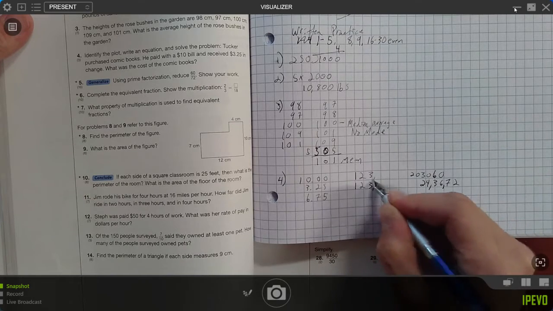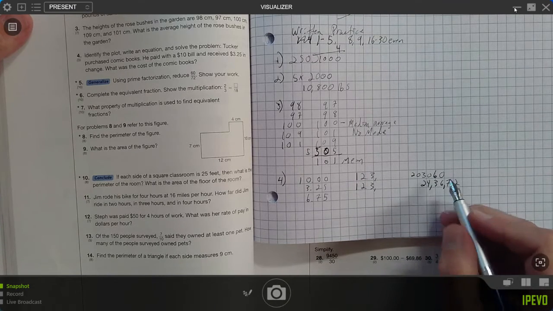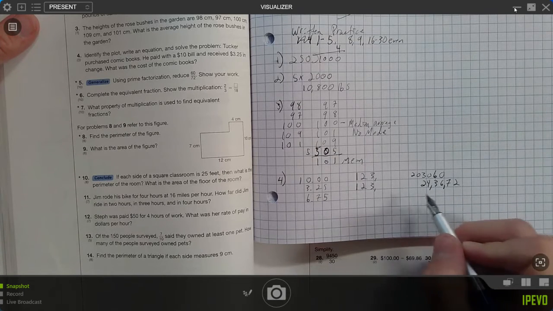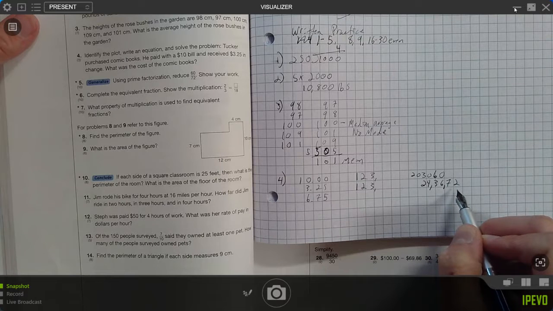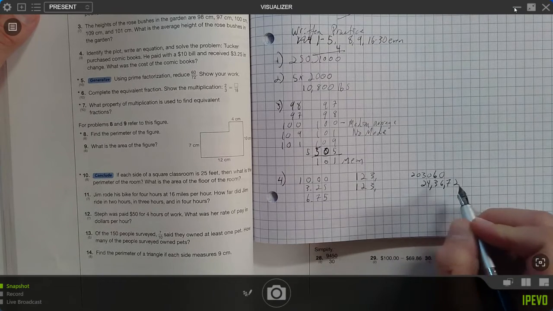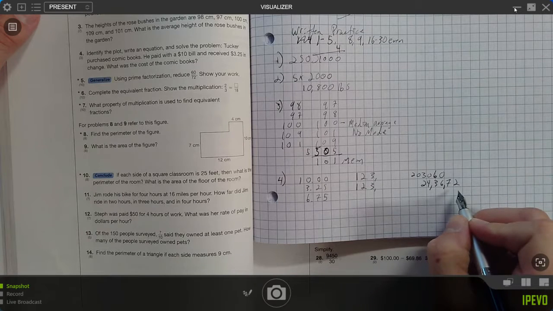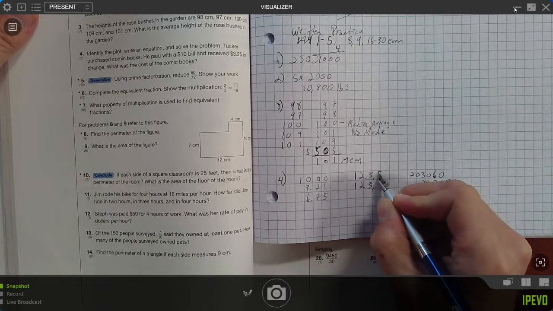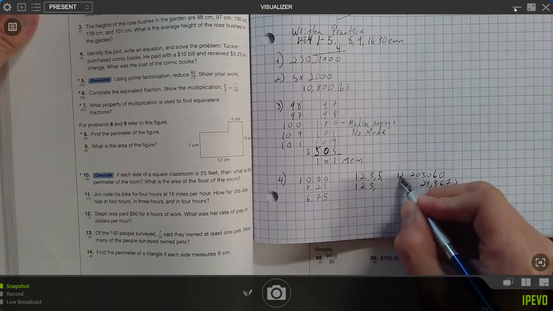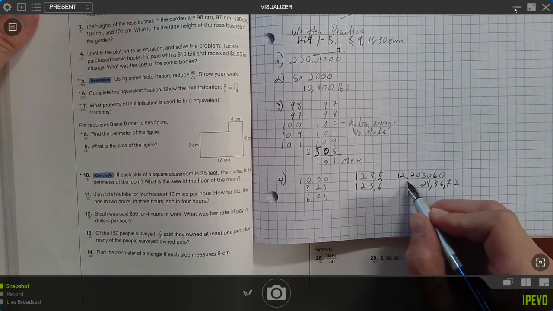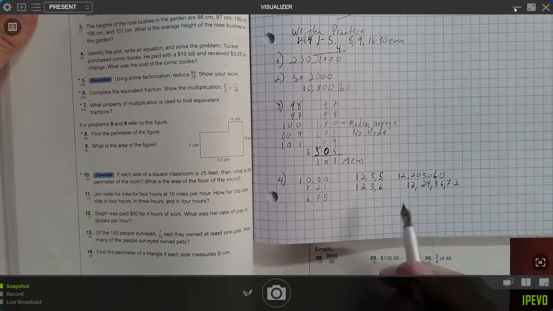Okay. 4 times... does 4 go into 72? I don't think it does. I don't think it goes into either of those. 5 goes into 60 though, and it goes into it 12 times. 5 does not go into 72, but 6 goes into it 12 times. And now I stop. I don't need to go any further.